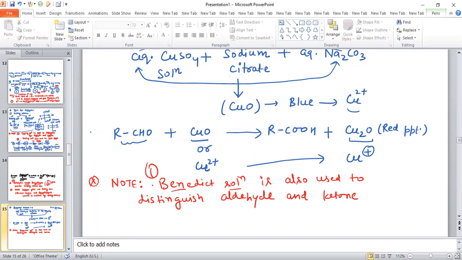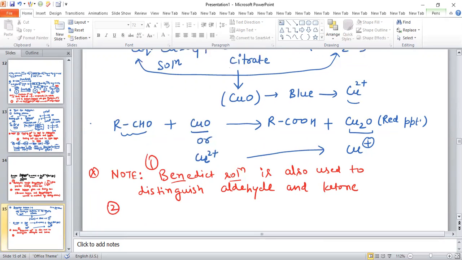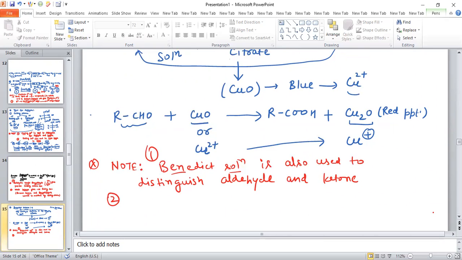Now see the second point regarding Benedict solution. Benedict solution, like Fehling's solution, is also used to test sugar in urine.